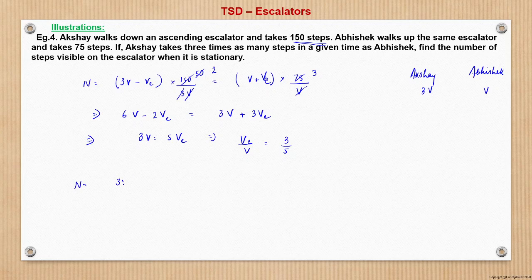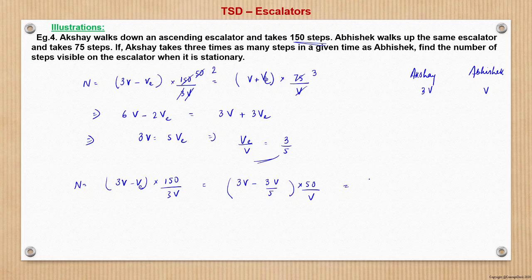N will be (3V minus Ve) into 150 by 3V. Here Ve we will substitute as 3 by 5 V. So this means (3V minus 3V by 5), right, we're substituting from this equation, into 50 by V. 150 by 3 is 50 by V.